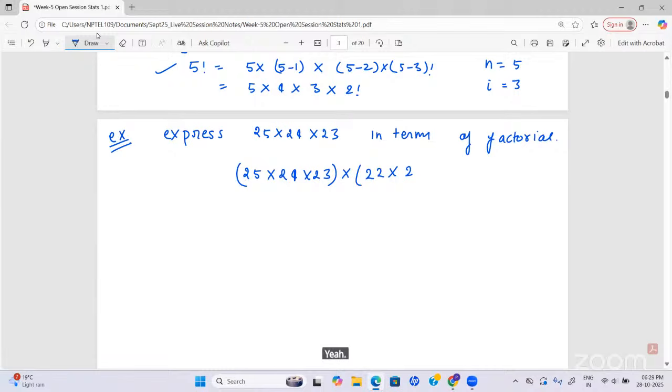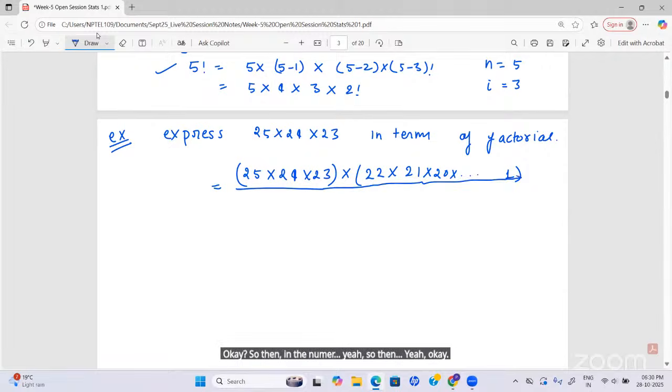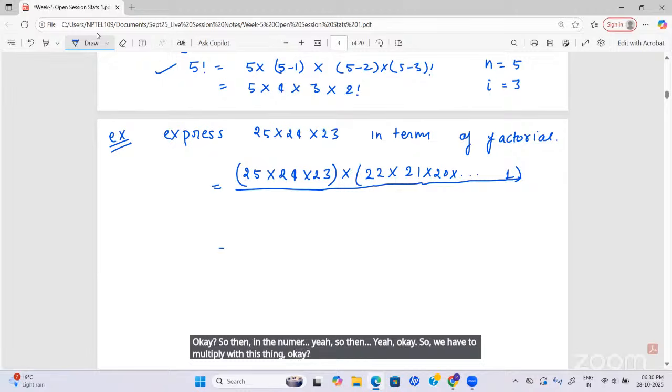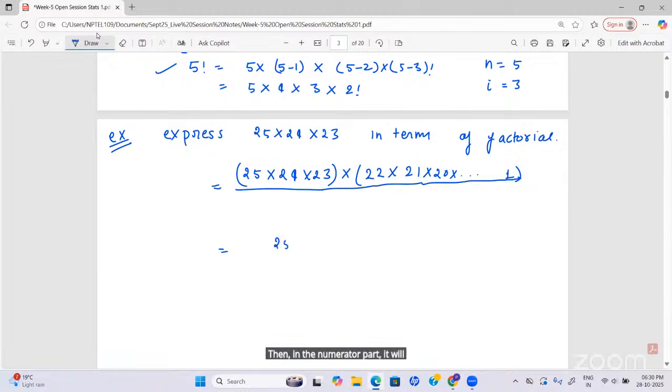Yes, if you multiply with 22 into 21 into 20 up to 1, then in the numerator it becomes 25 factorial, divided by 22 factorial. So we have to multiply with this. Then in the numerator it will become 25 factorial.